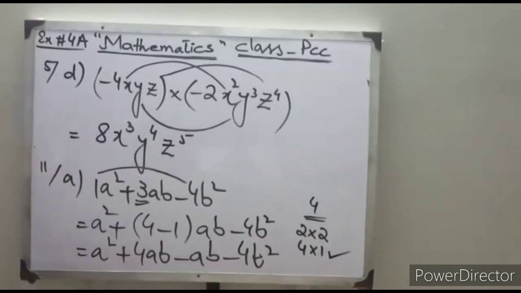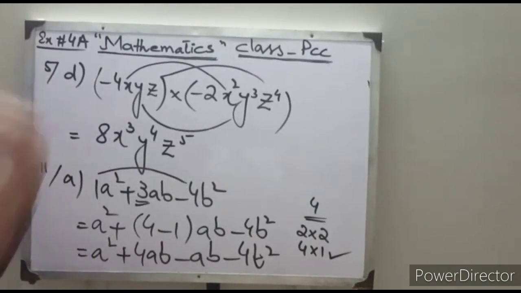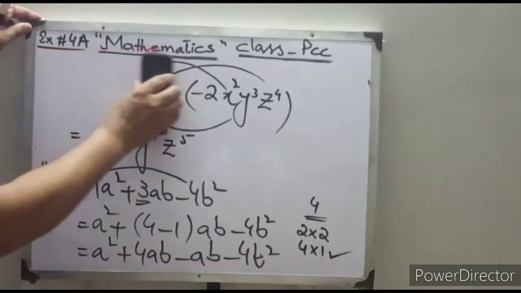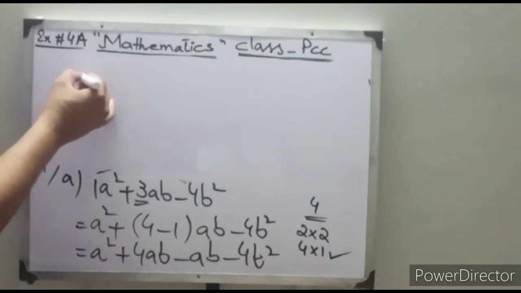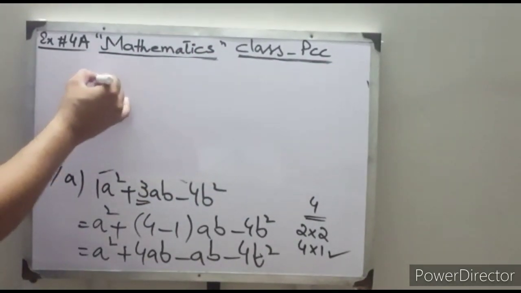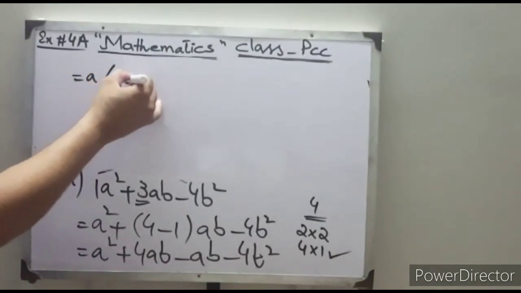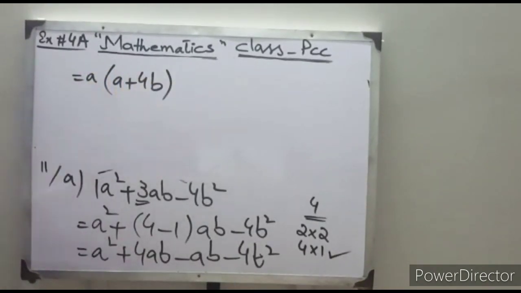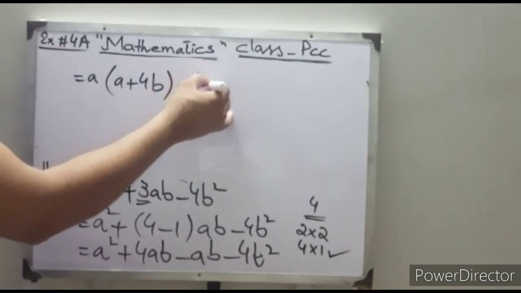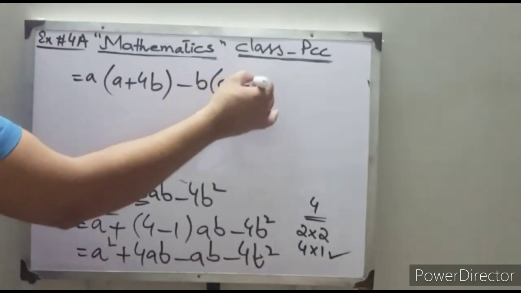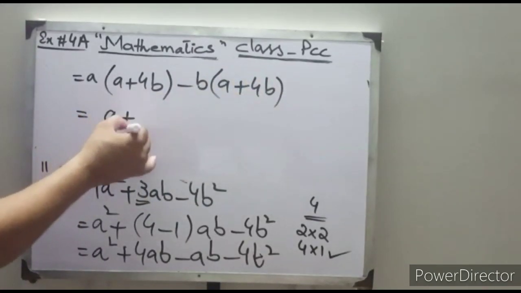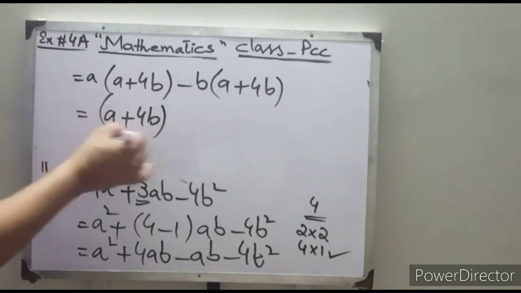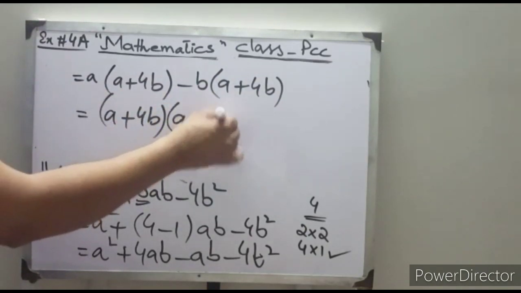Students, now we have two pairs. In the first pair we have a common, a plus 4b. In the second pair we have minus as well as b common, so we have a plus 4b. So final answer will be a plus 4b into a minus b.